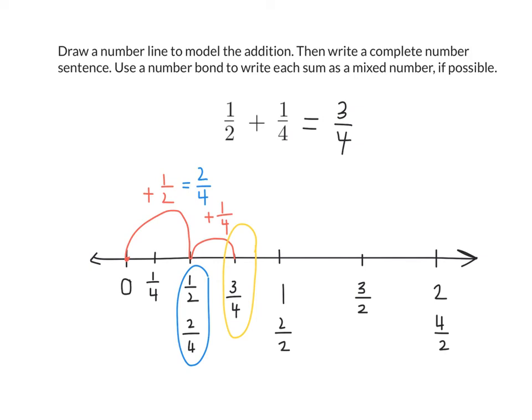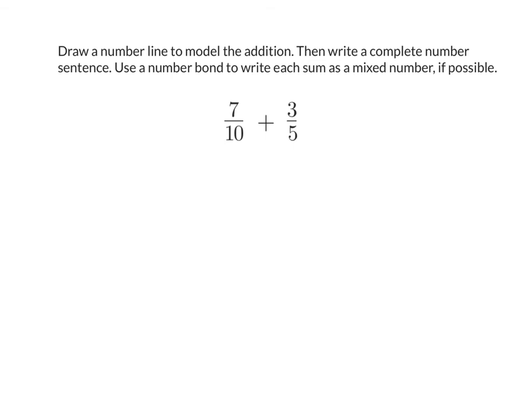Okay? Can we write this answer, write the sum as a mixed number? No, so we are done with this one. Once again, this question is asking us to use a number line. Okay, so we have 7/10 plus 3/5. So let's go from 0 to 1 to 2 again.